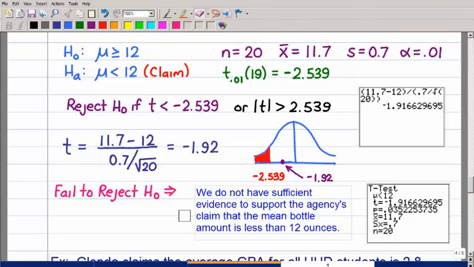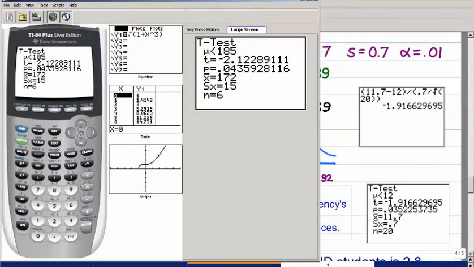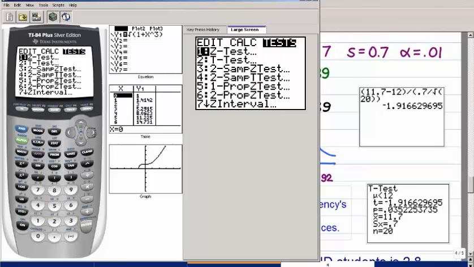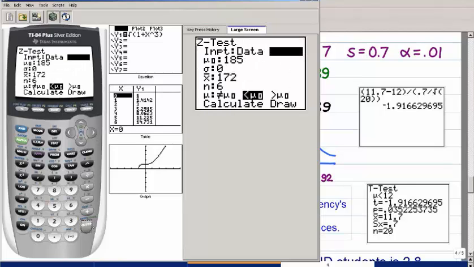In fact, I could run that for you real quick in a z-test because it may be more than 30. We'll just look at the p-value. So let's suppose we're testing it against 12. Standard deviation is 0.7, X bar is 11.7, and now I'm just making up an N of 200.